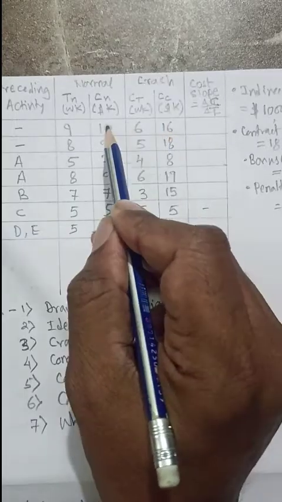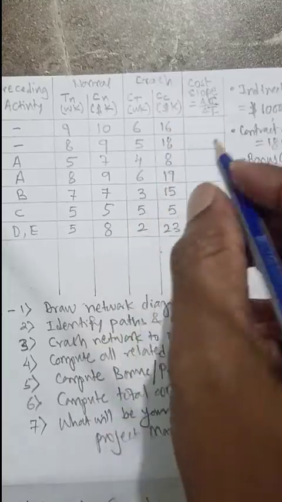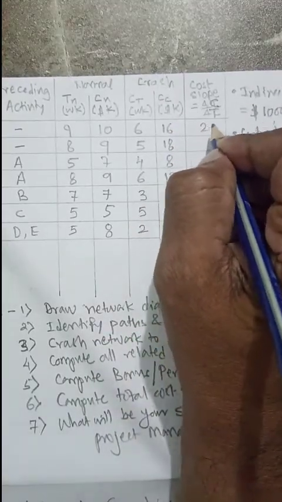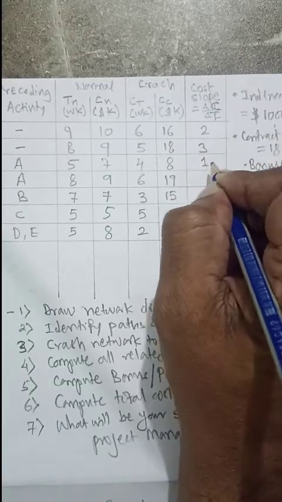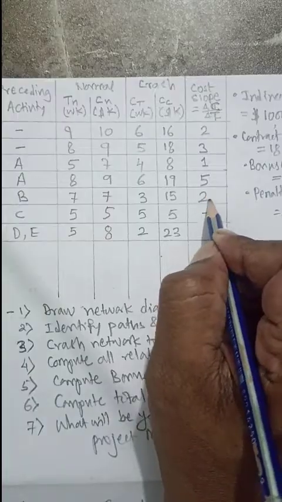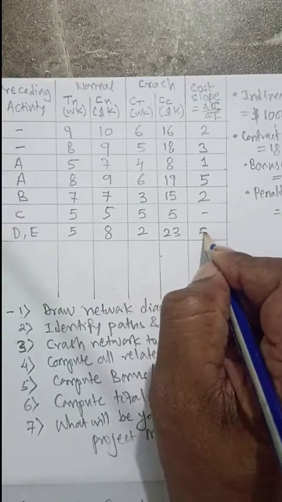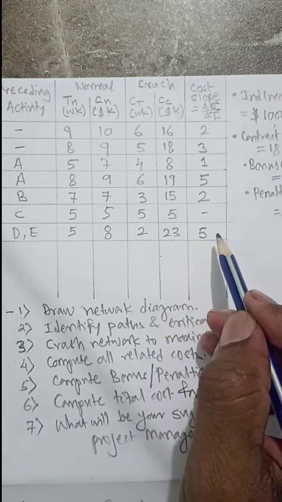Here, 16 minus 10 is 6, divided by 9 minus 6, which is 3. 6 divided by 3 is 2. Quickly calculating the rest: 2, 3, 1, 5, 2 and 5. So these are the cost slopes which we are going to use.